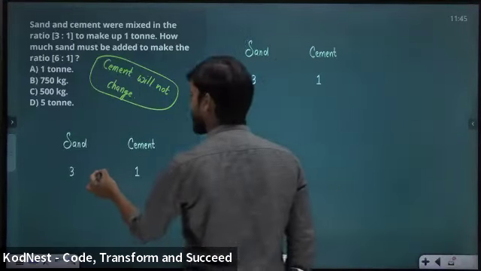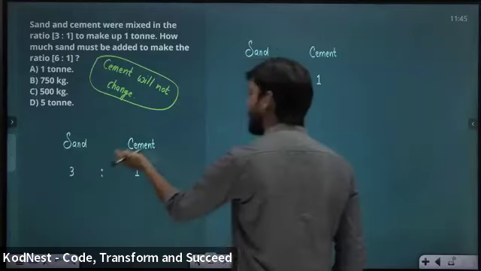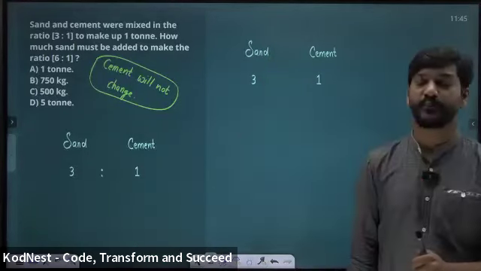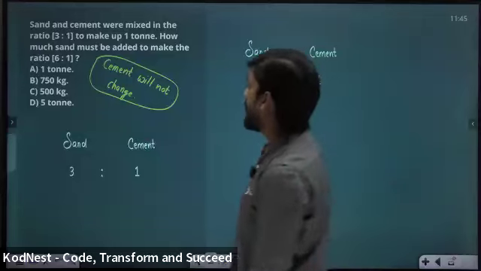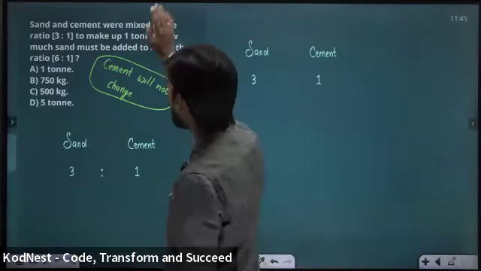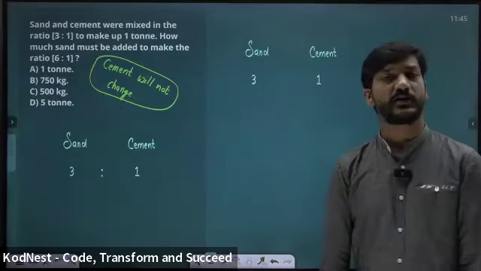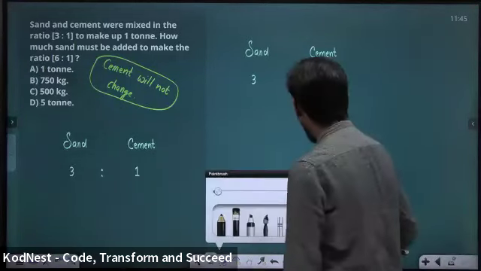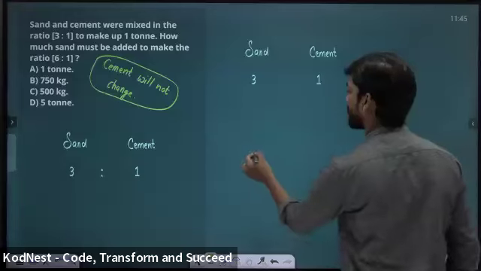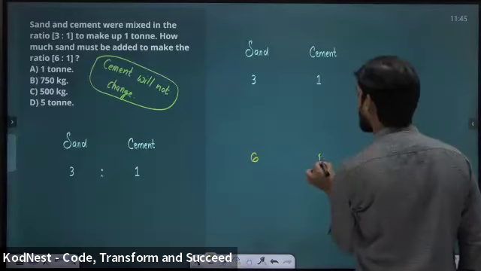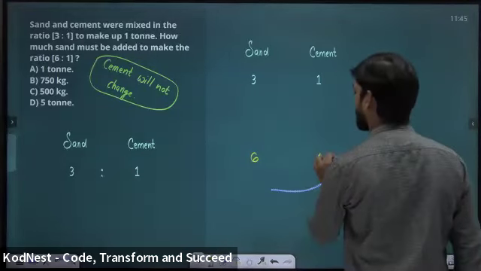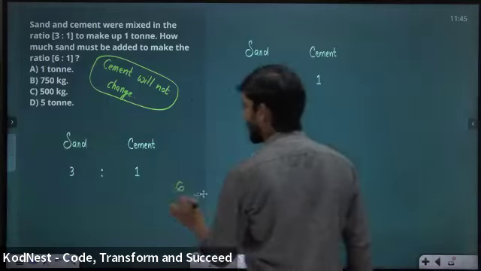So my dear, ratio is given 3:1. I have directly taken the values from the ratio. Okay. It is 1 ton. So this 1 ton we'll see later. How much sand must be added to make the ratio 6:1? Okay. I want to change the ratio. I want the ratio to be 6:1.